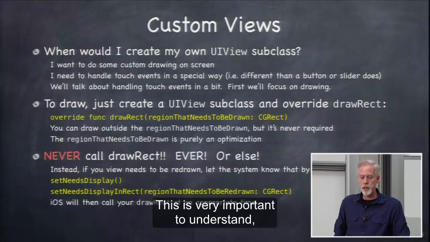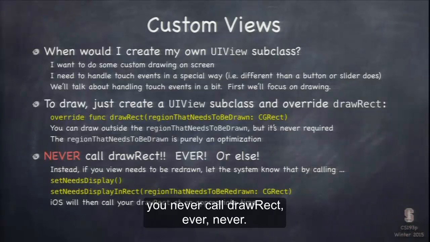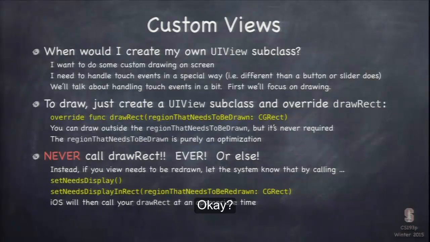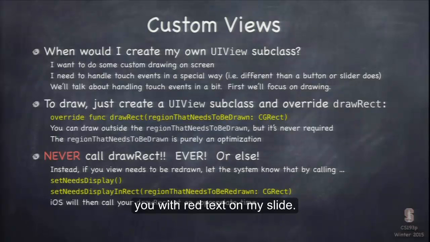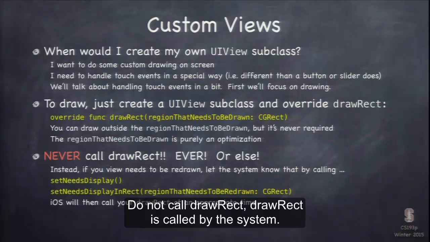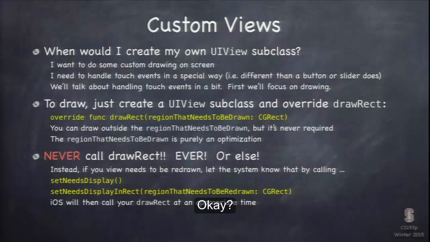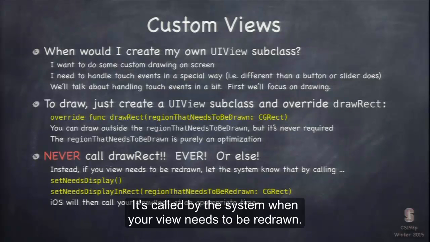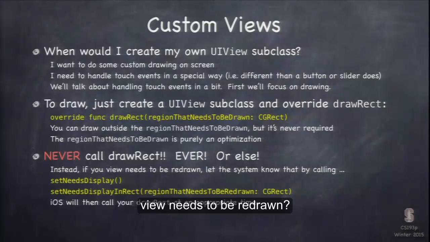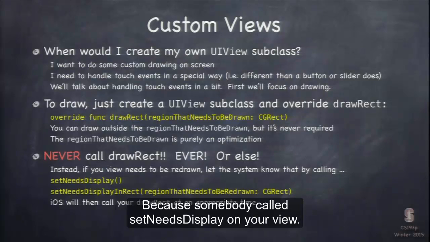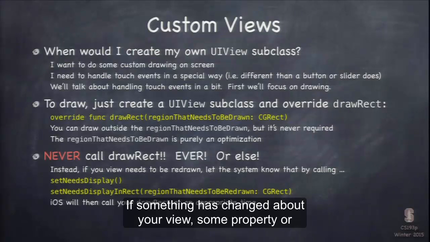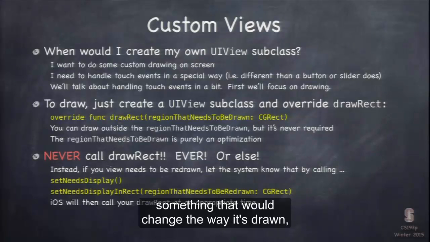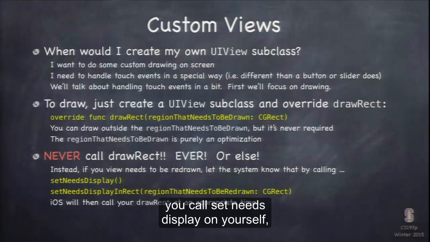This is very important to understand. You never call drawRect. Ever, never, never. If you call drawRect in your homework, you're going to get a major ding, because I'm standing here in front of you with red text on my slide saying never. Do not call drawRect. drawRect is called by the system when your view needs to be redrawn. How does the system know your view needs to be redrawn? Because somebody called setNeedsDisplay on your view. And you can call it on yourself if you want. If something has changed about your view, some property or something that would change the way it's drawn, you call setNeedsDisplay on yourself.